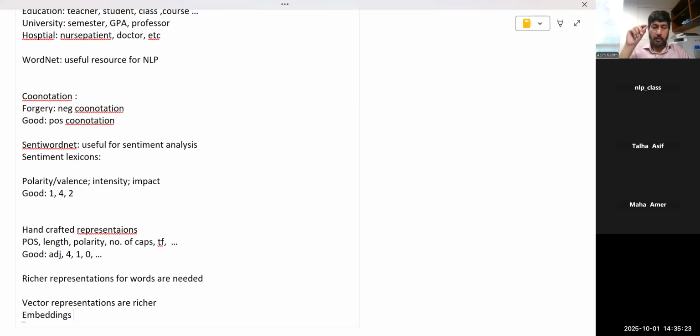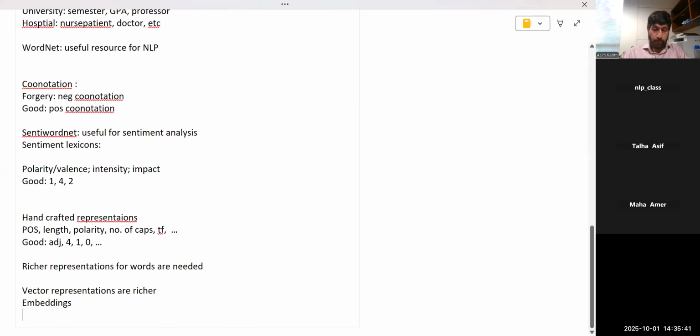ठीक है? So that representation in space is called an embedding. And by looking at two words or 2 points in a space, we can actually compare how related they are. They may not be similar, but they may be related in some way. ठीक है? So we have vectorial representations.